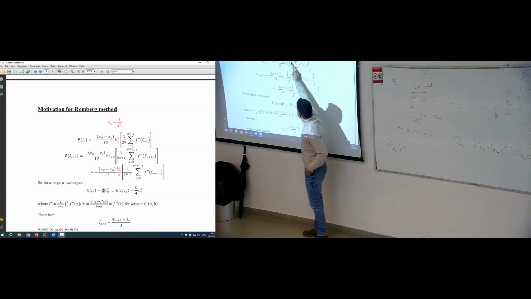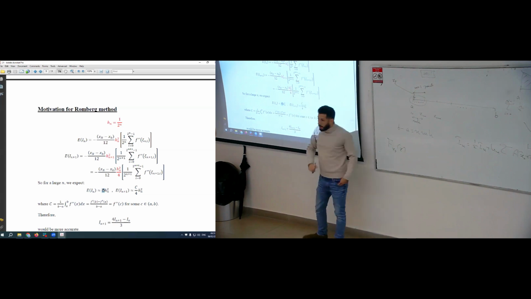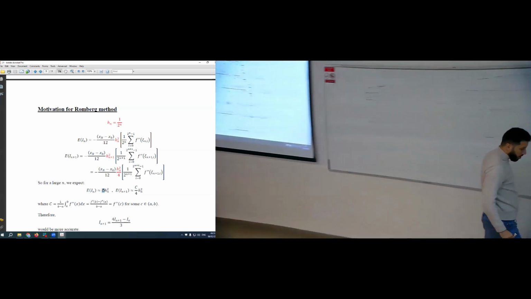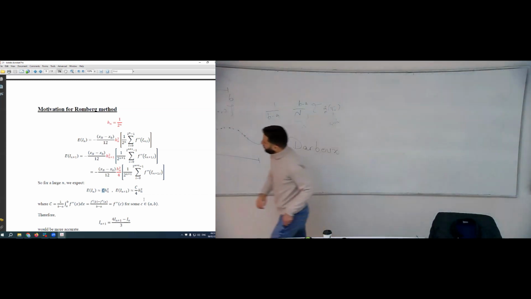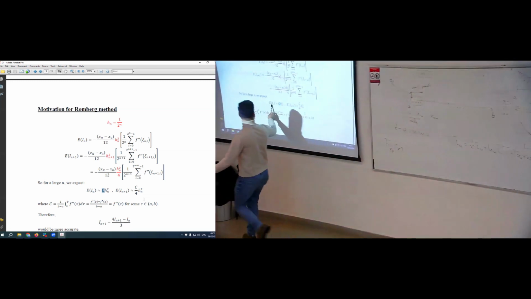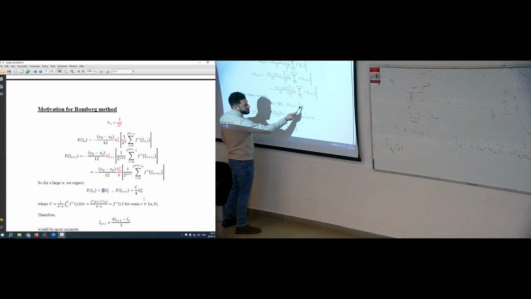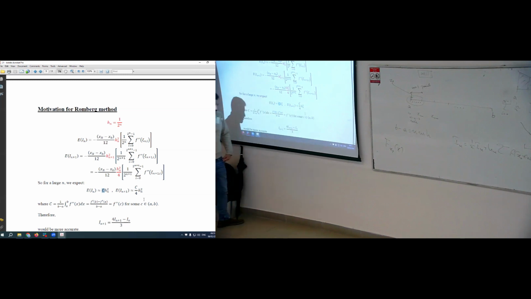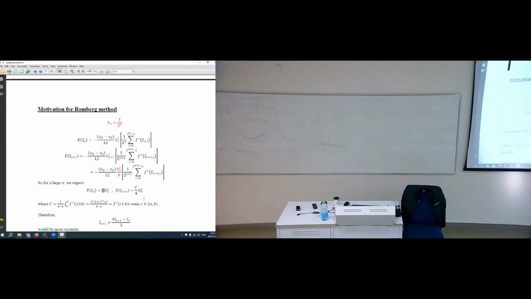So I call this C. So this is also C, but multiplied by H_n squared over 4. And here again, e of I_n is C H_n squared plus small correction. And here, this is this plus small correction. Therefore, if that is small, I can use the two integrals in order to make a more accurate one.